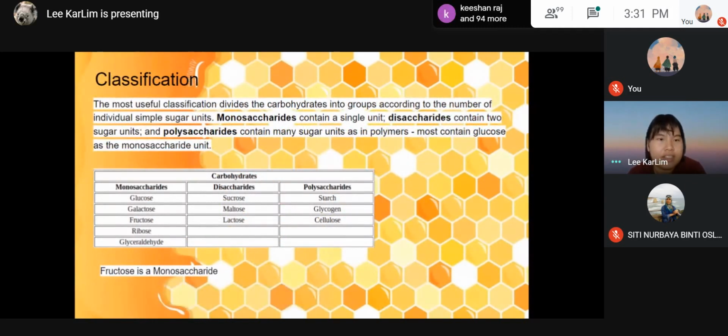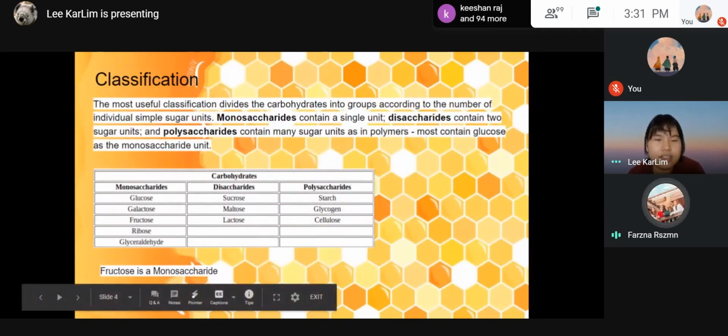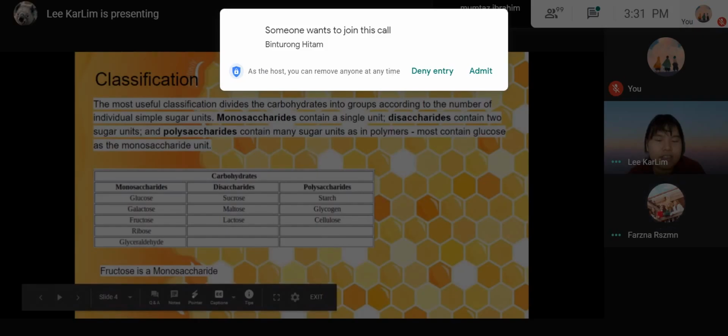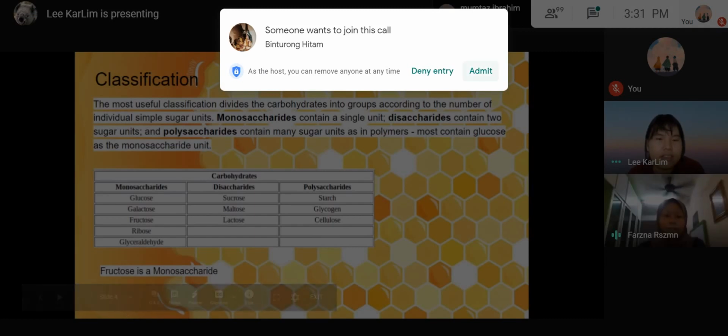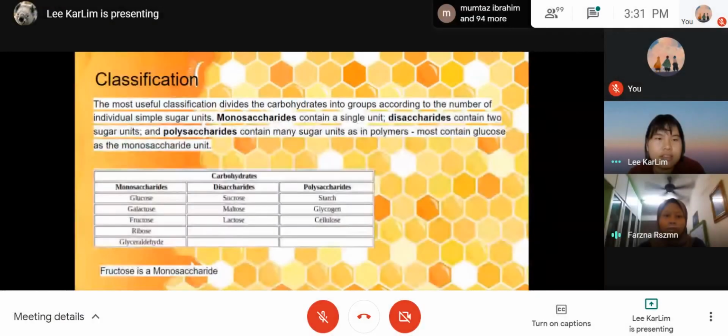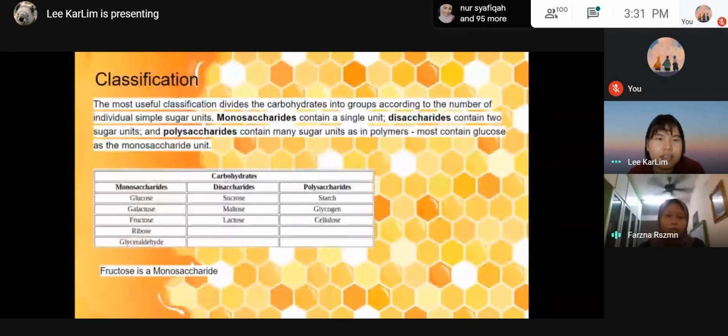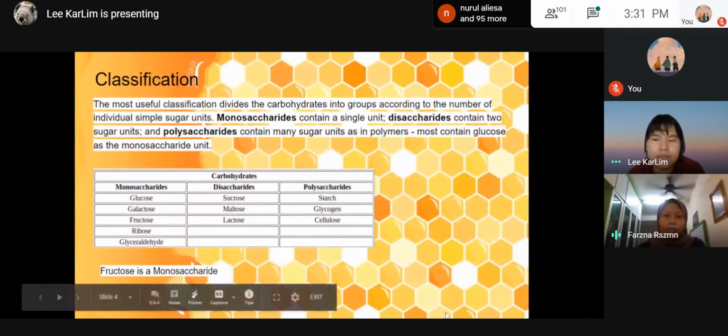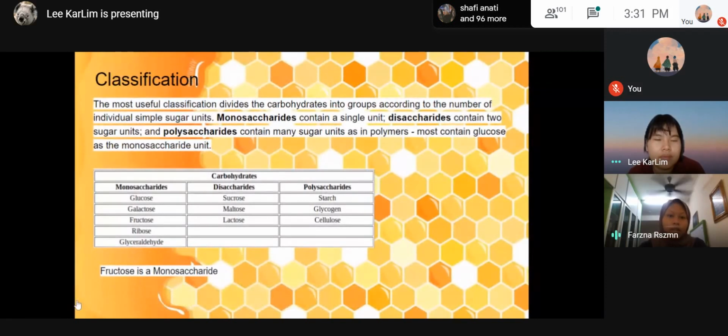Next, for the classification, the most useful classification divides the carbohydrates into groups according to the number of individual simple sugar units. Monosaccharides contain a single unit of sugar. Disaccharides contain 2 sugar units bonded by glycosidic linkage.